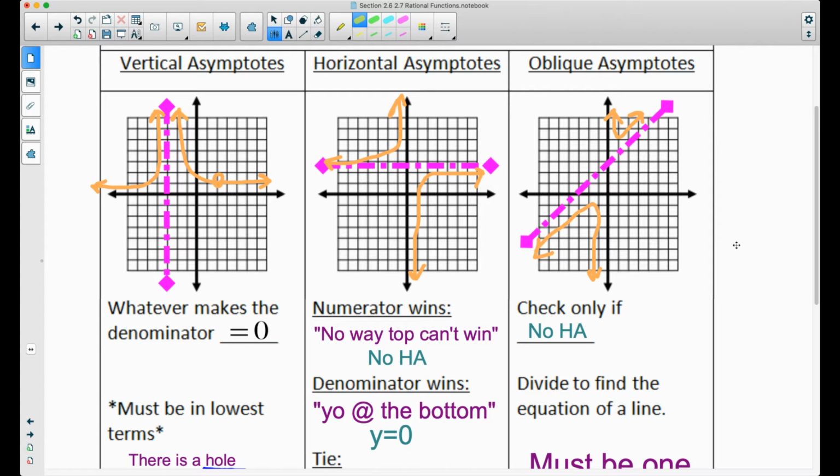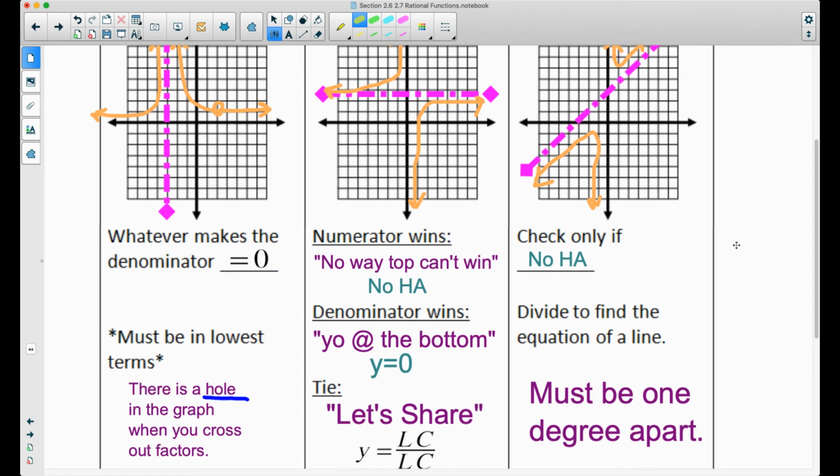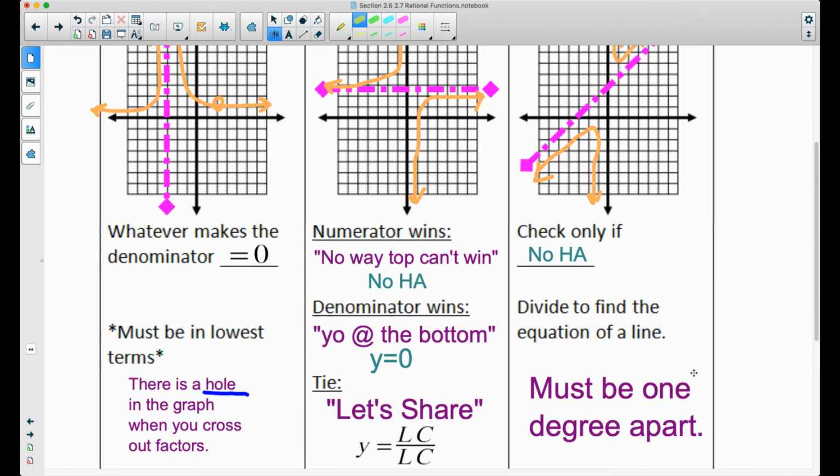You check only if you have no horizontal asymptote. How do we find that? We do long division. But the big deal here is it must be 1 degree apart.